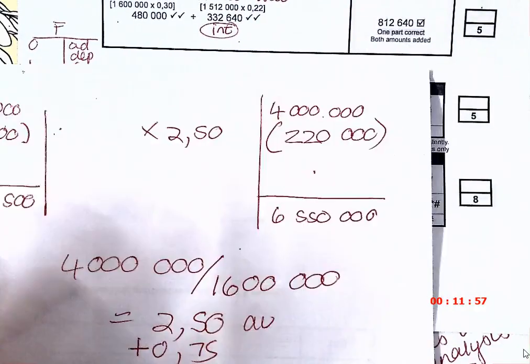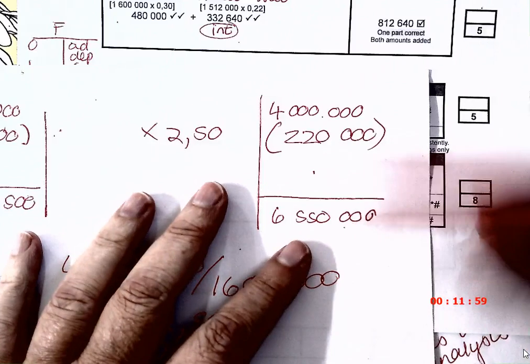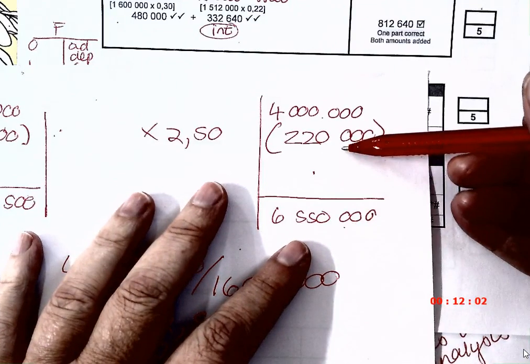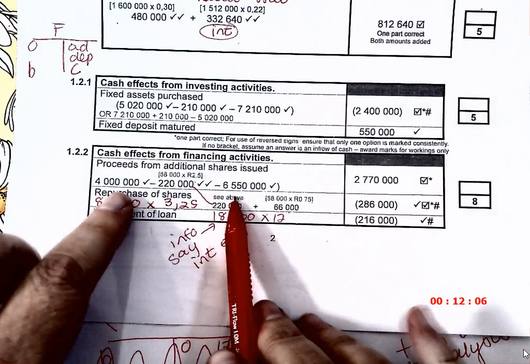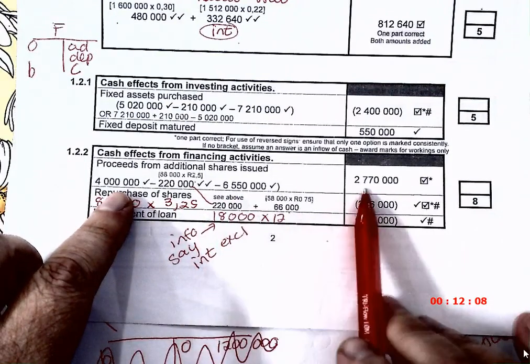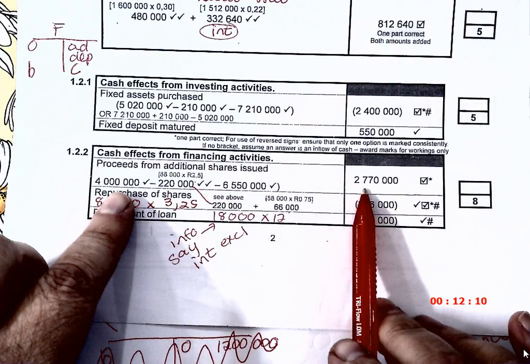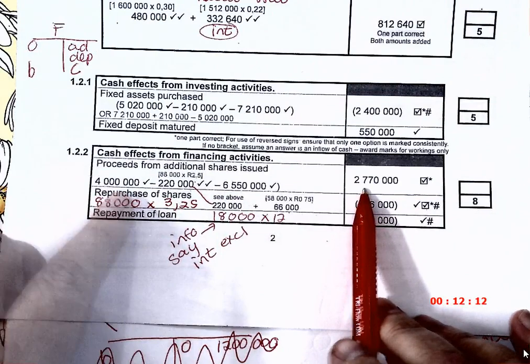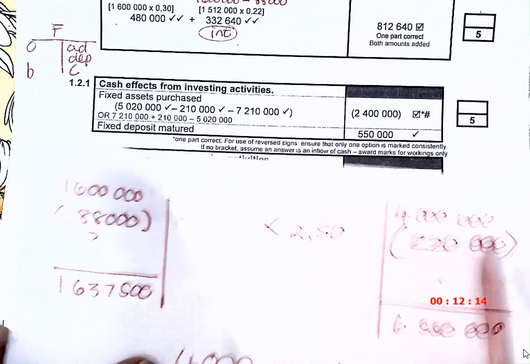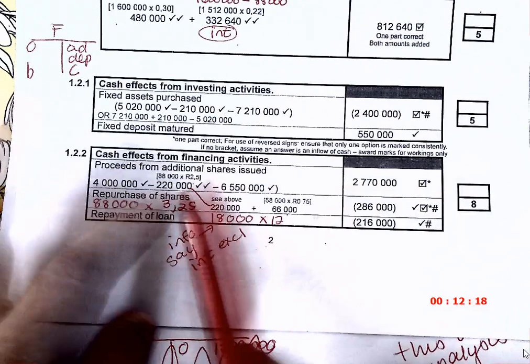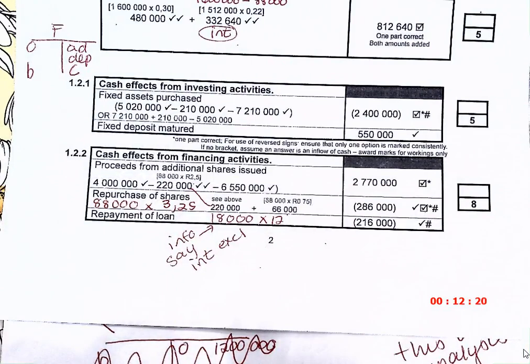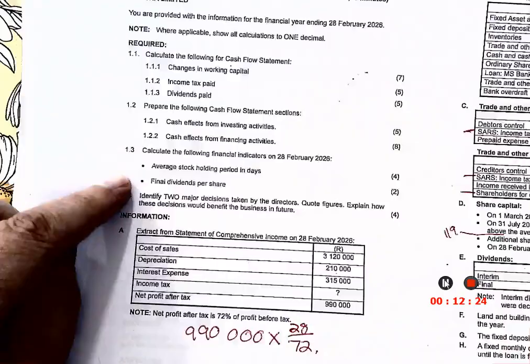So it's going to be 655 plus 220 minus 4, and it gives me the 2770. If you did this calculation this way, here at the bottom, it's just as good as that bracket there. Are there any questions so far? I'm going to pause it for 3 seconds.